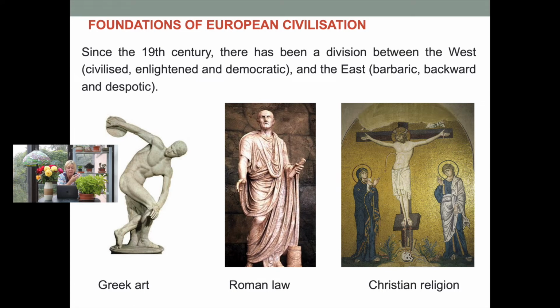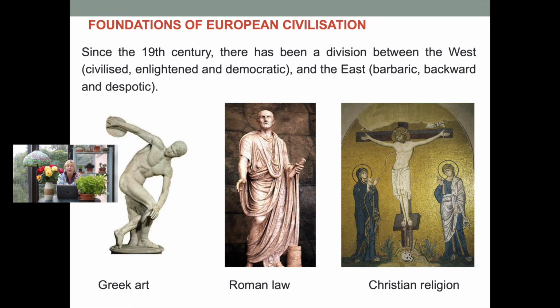And the foundations of European civilization, as seen again by 19th century scholars and philosophers and intellectuals, were basically the ideas of classical antiquity. So Greek art, the Roman law, and the Roman structures of the state, and then very quickly Christian religion.